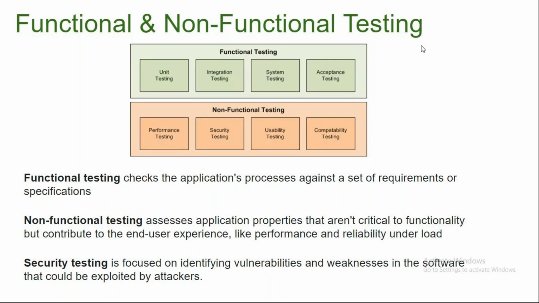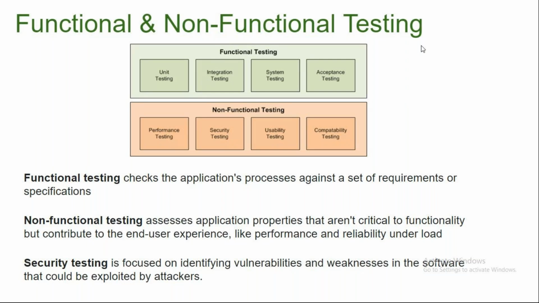So from a testing perspective, there are two broader categories, as you all know: functional and non-functional testing. Functional is more about validating and verifying whether your product features are functionally working or not, right? As per the requirement, as per your user story, whether the application functionalities are working or not is what you will validate in functional testing.